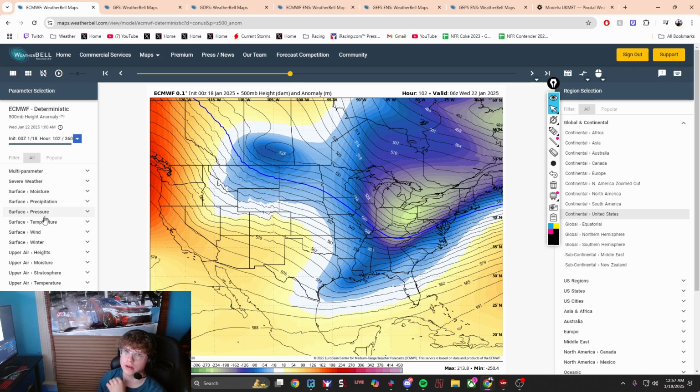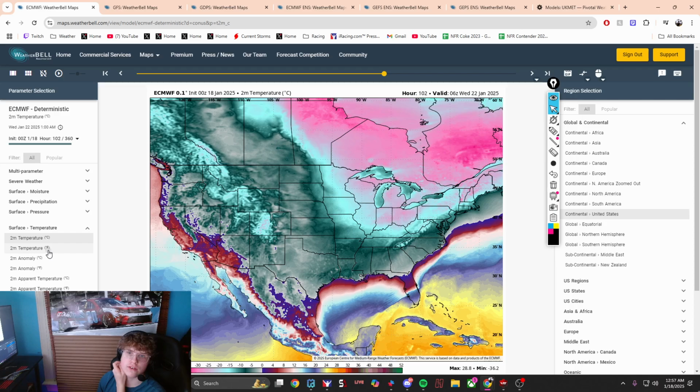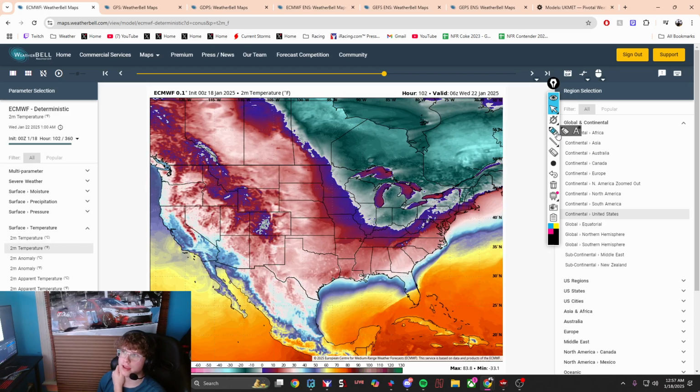If we go to surface temperatures, it is frigid. I wouldn't really look at the temperatures, but I would look where the temperature shield is. Anything in this grayish white is sub 32 degrees. It's not sub freezing, it's sub zero. So that is way too cold to snow.